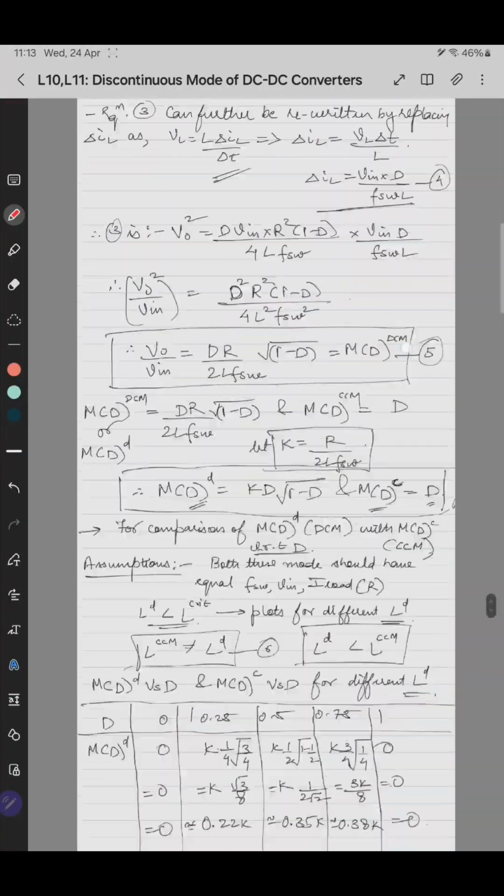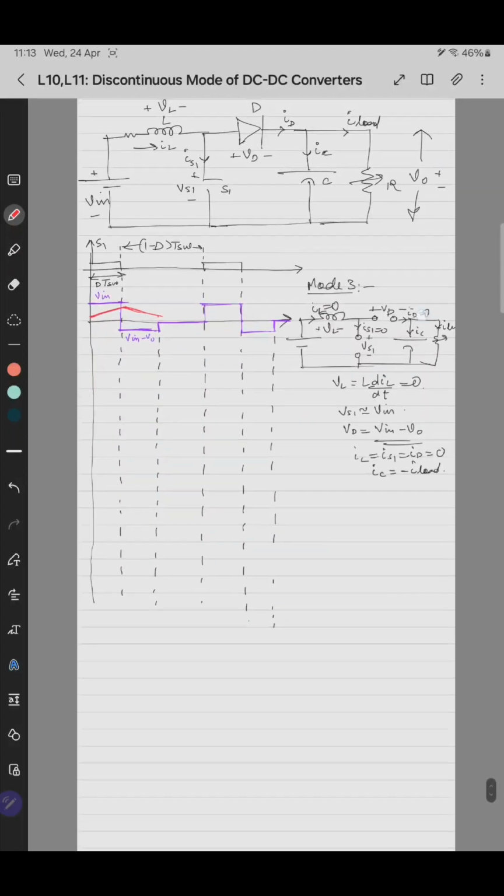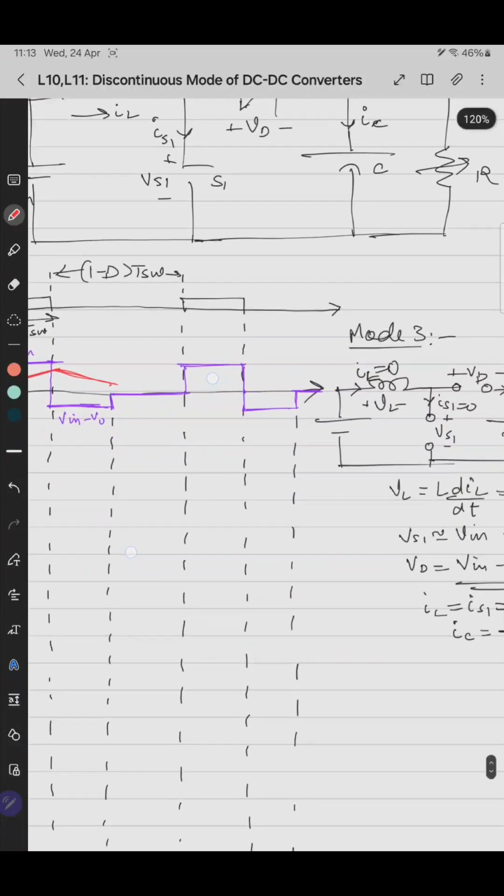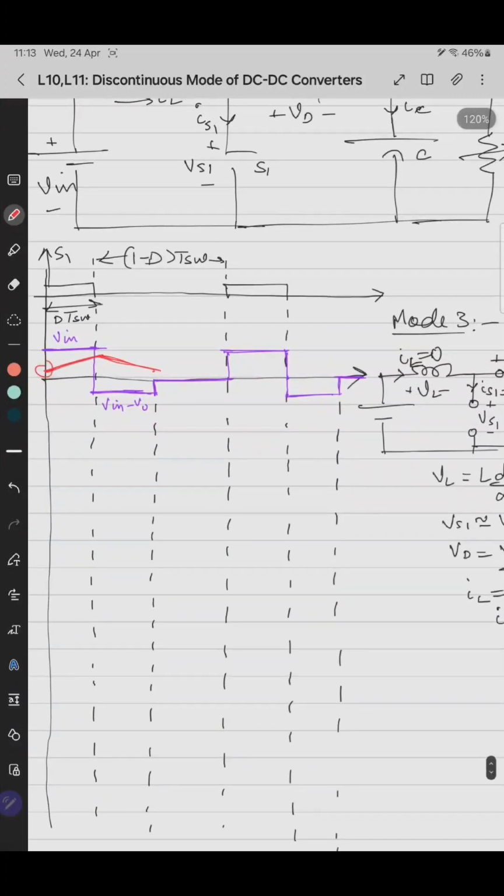Here I have started it from some positive value, but this whole waveform will be shifted downwards, because part of this waveform will be clipped off.